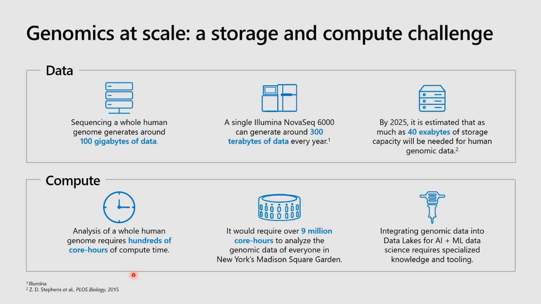We also have to then consider how we analyze that data. And current algorithms, because of the nature of the data, and we'll talk a bit more about this momentarily, require hundreds of core hours in order to understand that information. For example, it would take over 9 million core hours to analyze all the genomic data we would generate if we simply had a full Madison Square Garden worth of samples that we were analyzing.